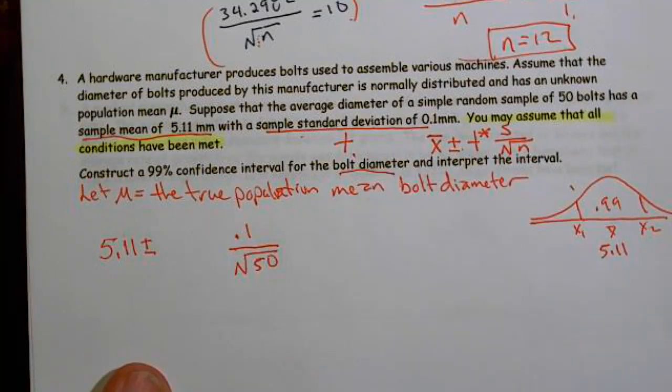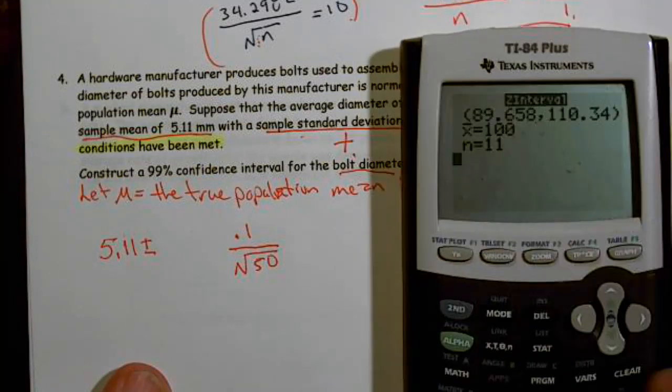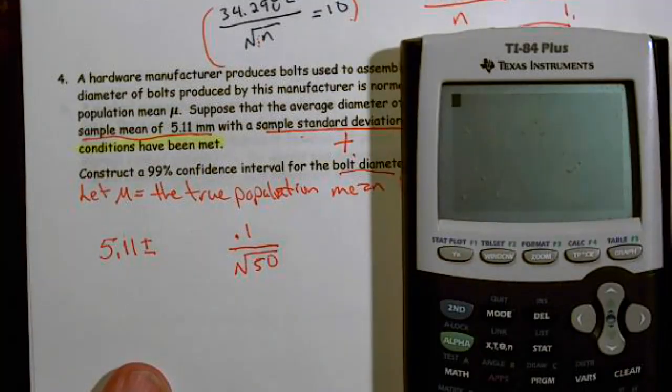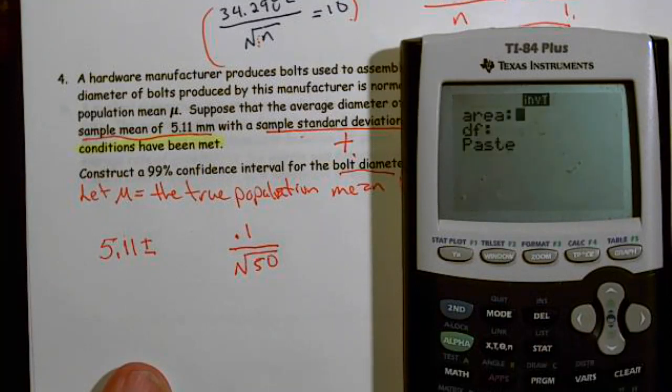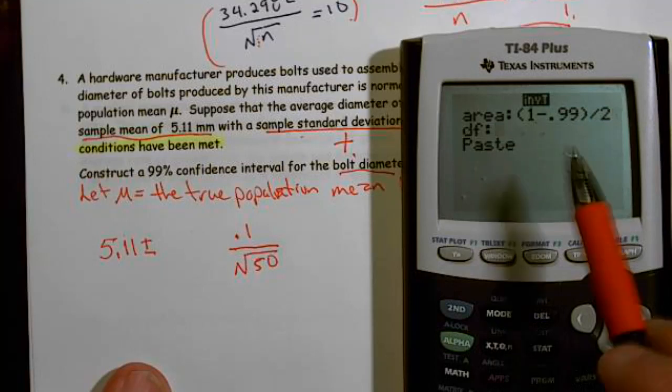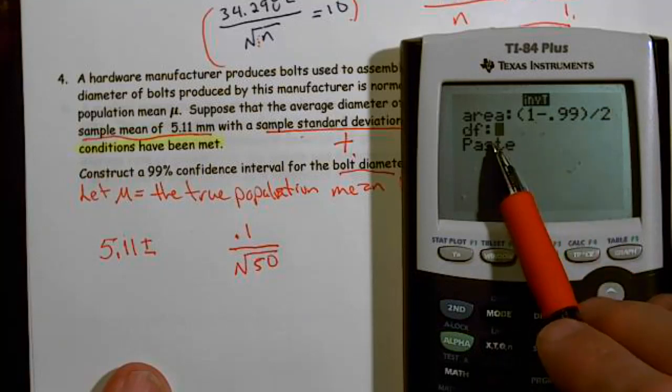So to do that, since it's the t distribution, instead of using an inverse norm, we're going to use an inverse t. So second vars, inverse t, and my area is parenthesis 1 minus 0.99, and we're dividing it by 2 because we have 2 tails. Then the next thing it asks me for is my degrees of freedom.